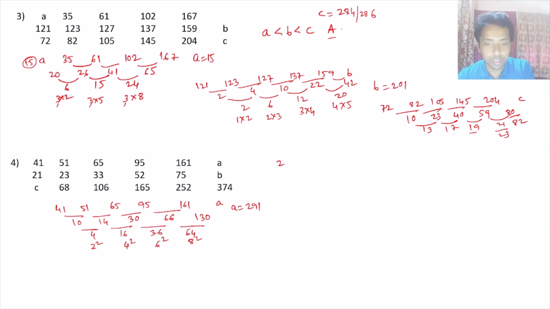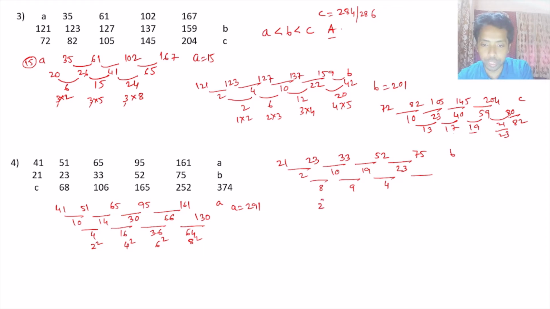Next, 21, 23, 33, 52, 75 and B. This is 2, this is 10, this is 19, this is 23. Now this is 8, this is 9, this is 4. What is next? 894. At first moment you may think that this is wrong. No, this is not wrong, this is correct.